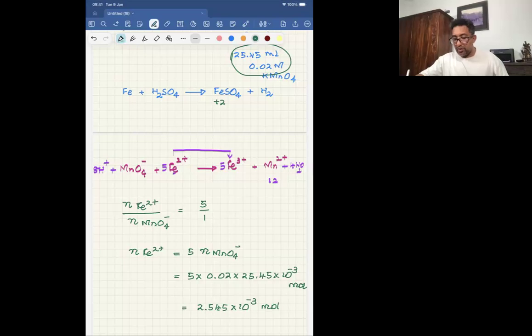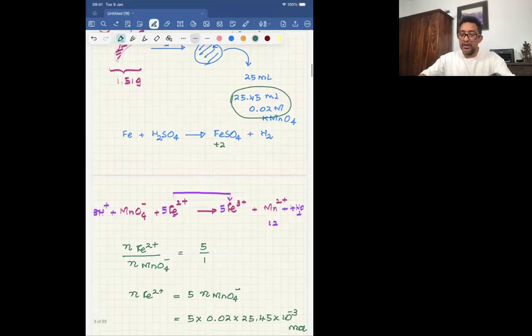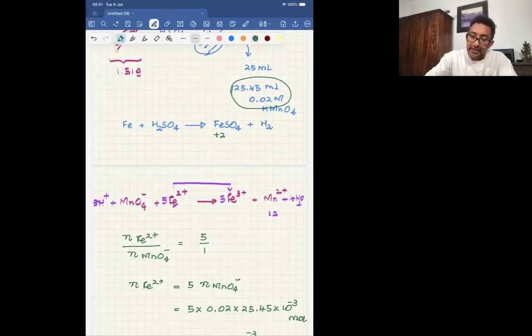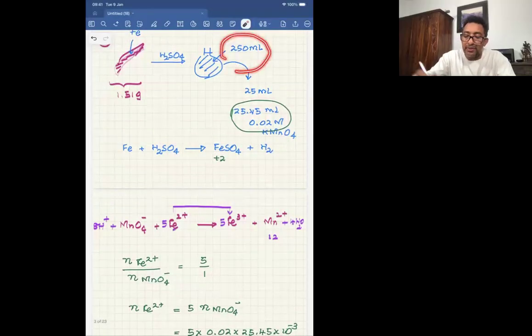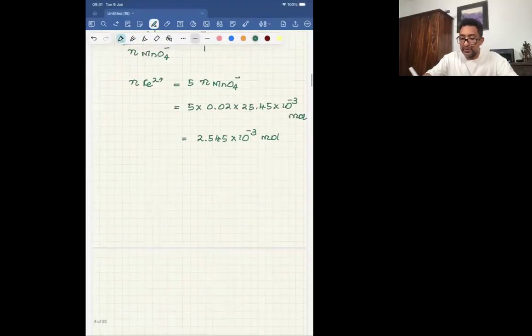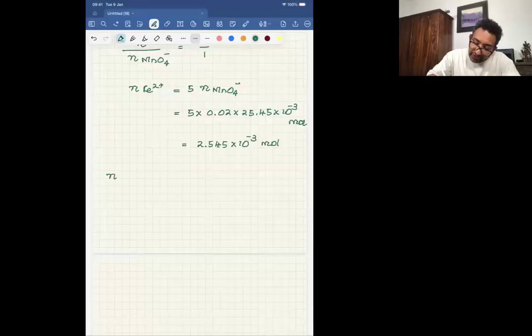This is the number of moles of Fe+2. But that is present in how many milliliters? 25 milliliters. You have taken only 25 milliliters for this titration. Your original sample is 250 milliliters. So let us calculate the number of moles of Fe+2 in 250 milliliters.